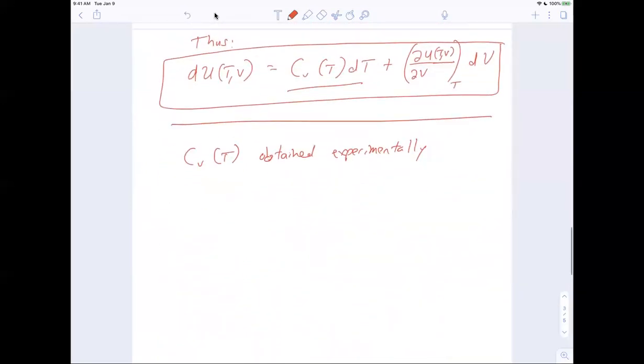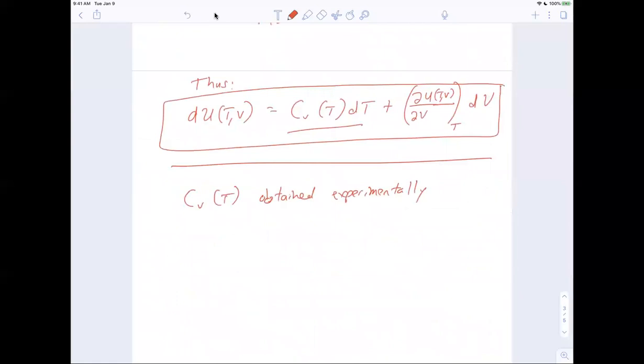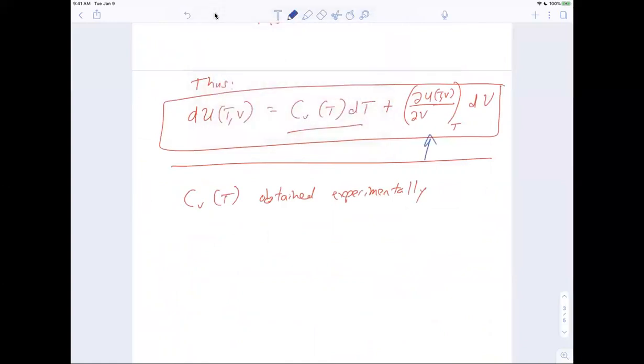So the next question is, what is the second partial derivative? Is there any experimental way that we can get this second partial derivative? This one. What is that? CV is obtained experimentally, but what is the partial of U with respect to volume at constant T?